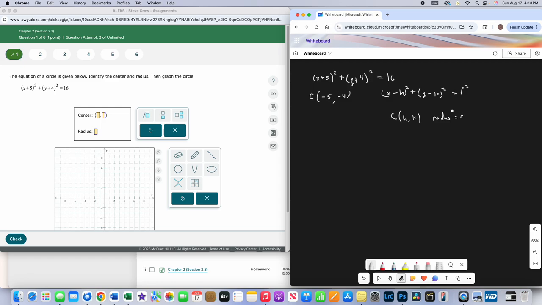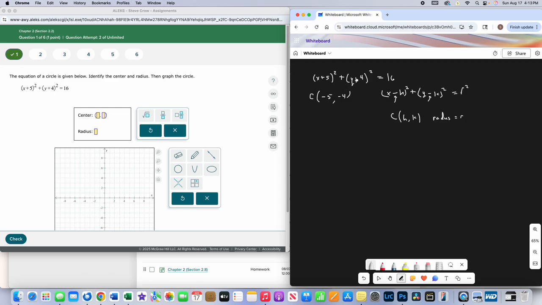All right, so you see how in the formula there's a minus here. The easy way to remember the center is, since there's a minus in the formula, the sign for your center is going to be the opposite of what you see. So see how we got a +5? That's going to mean it's a -5.